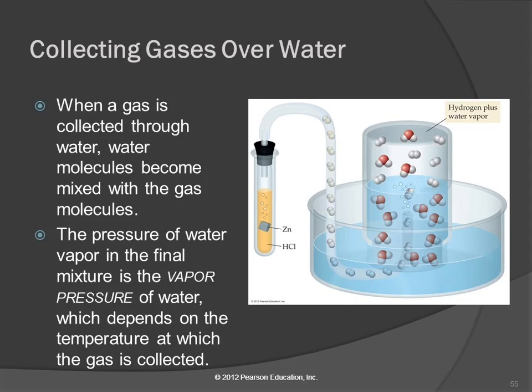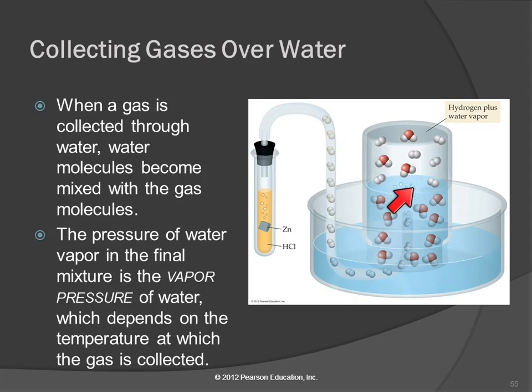So the pressure of the water, turns out, is only dependent on the temperature of the situation. So the warmer the water, the faster it evaporates, the more gas molecules you have here. It's going to reach a state where it's not going to continuously increase until all the water molecules evaporate.